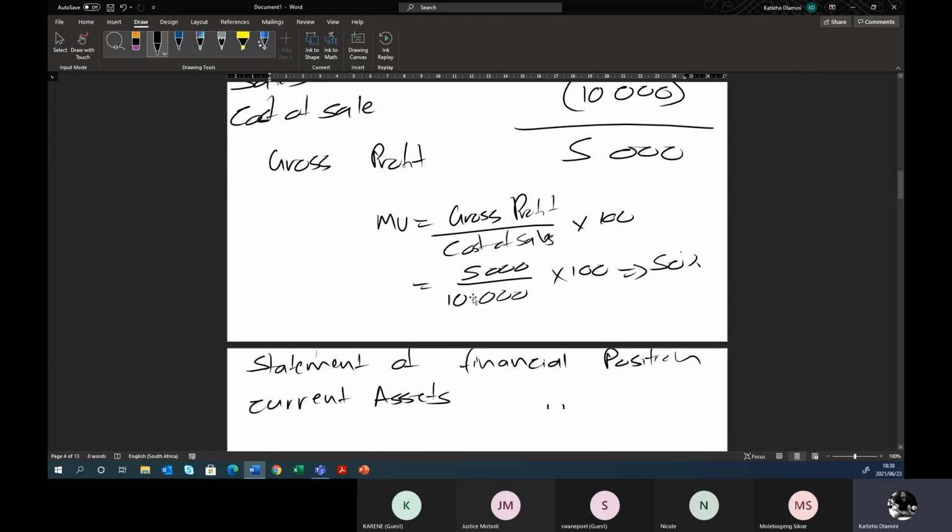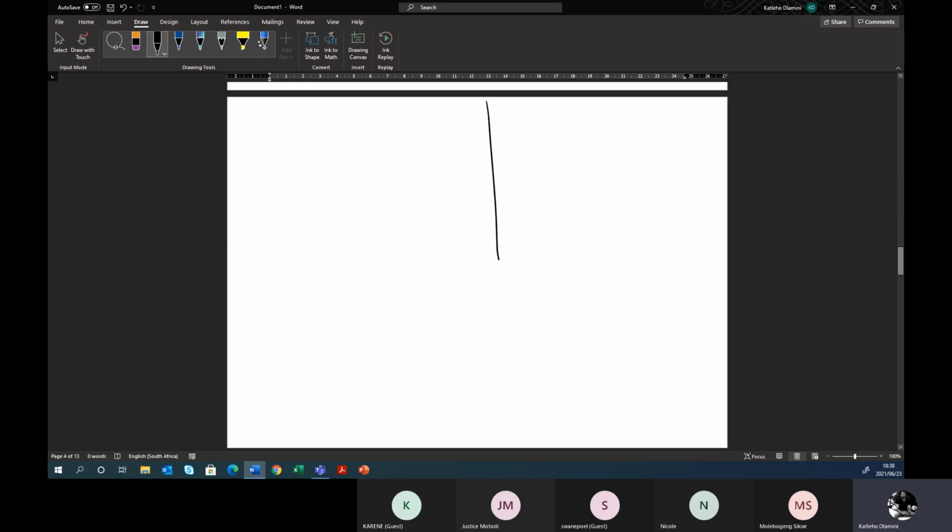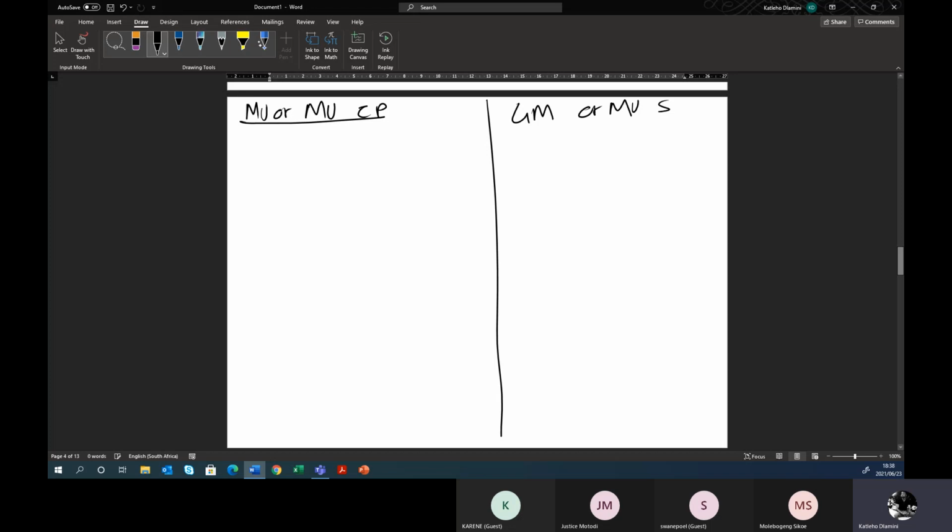Now, to calculate markup, you have two markups here. You have markup, or markup on cost price. If they say markup, they're talking about on cost price. Then you have gross margin, or markup on selling price. I'll just write down gross margin, and I'll just write there markup.